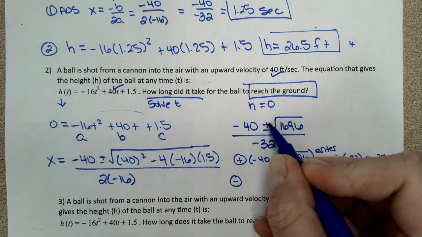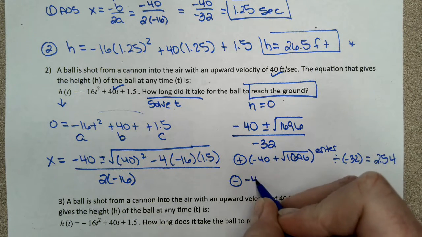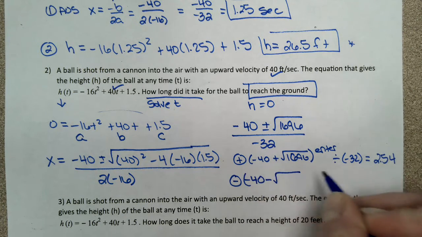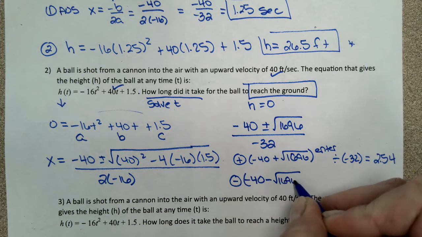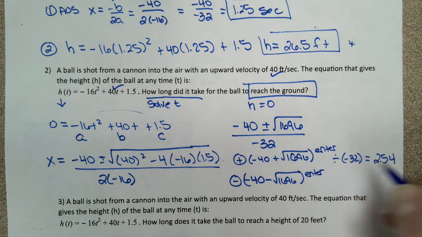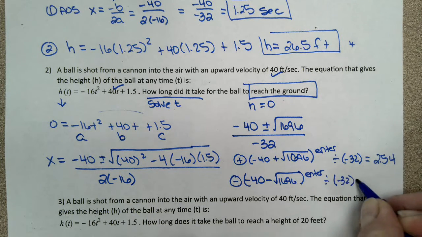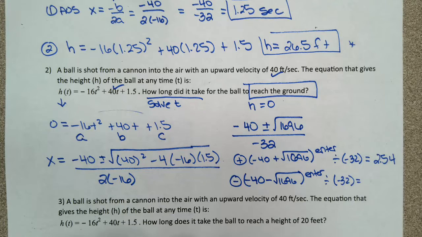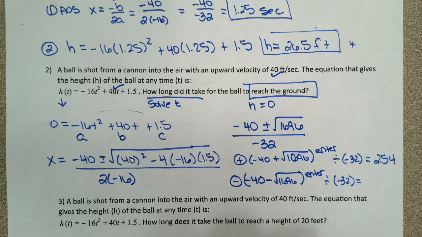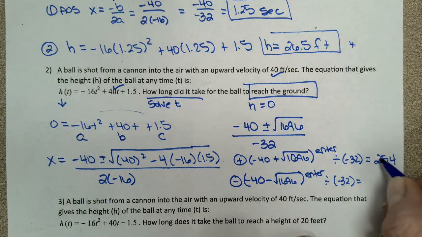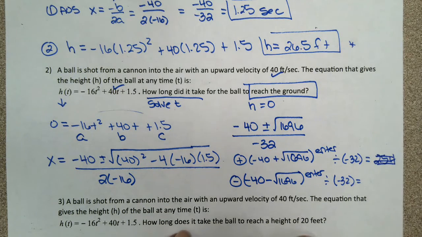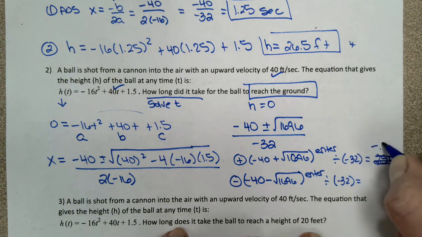And then I'm going to go through and use the minus sign. Negative 40 minus radical 1696. Hit enter. Divided by negative 32. Enter. And I got... hey, you know what? I'm looking at my notes backwards. Sorry, that plus looks like it's negative 0.06.